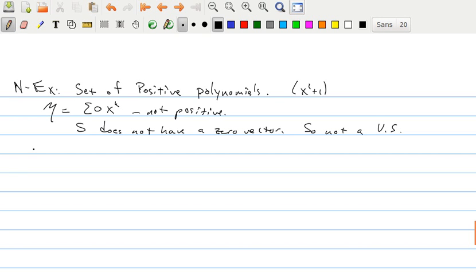Well, that one we kind of cheated our way out of. Let's take one that maybe gets rid of this. Let's say we look at the set of non-negative polynomials. So 0 is a non-negative polynomial. So I know that this set does have 0 vectors.